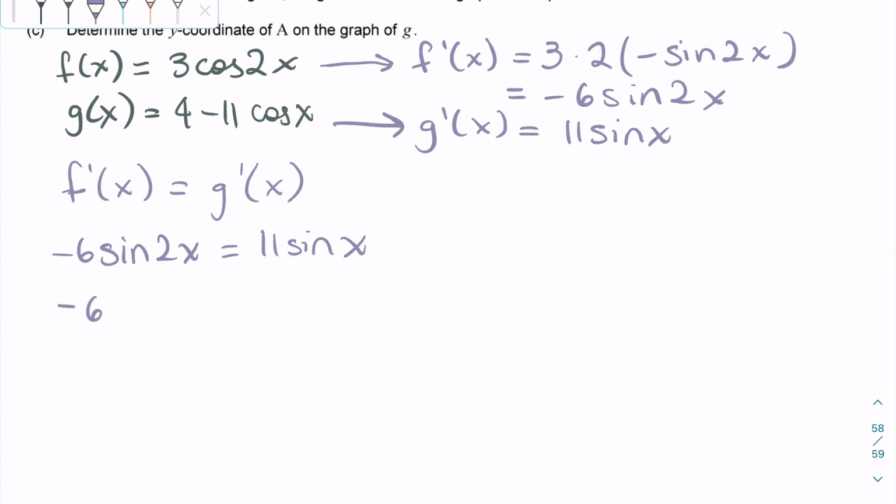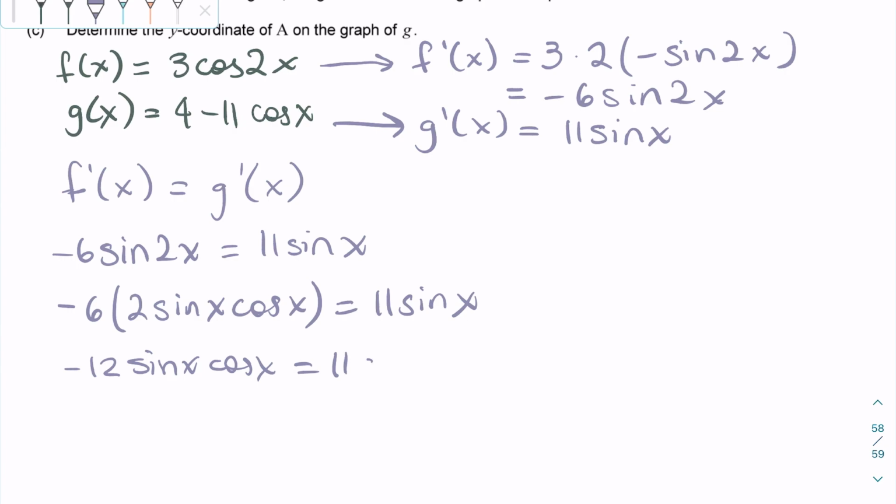We can use a double angle identity to rewrite sine 2x as 2 sine x cosine x. Rewriting it like this will allow us to cancel out the sine x from both sides and just leave cosine x.